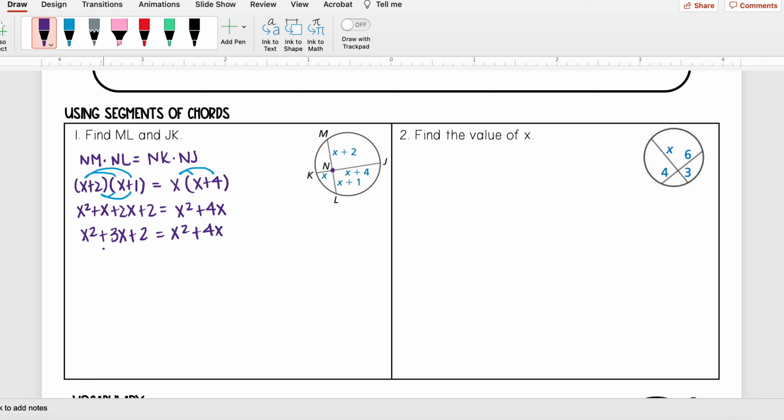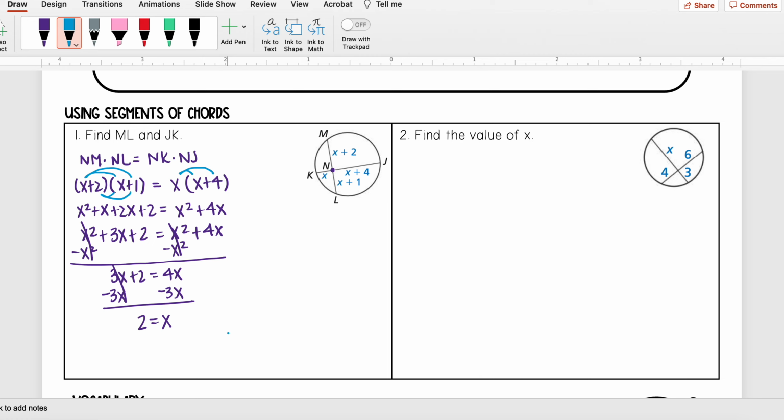Now I need to go ahead and simplify. I see there's an X squared on both sides, so I can cancel both of those out by subtracting X squared from both sides. So then I have 3X plus 2 is equal to 4X. And then I'll just subtract 3X from both sides. So I get that 2 is equal to X.